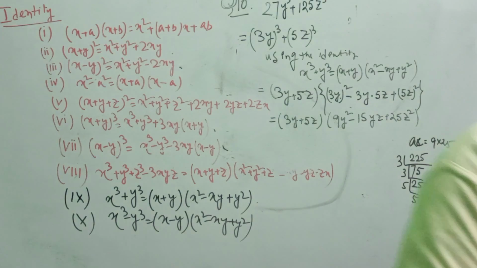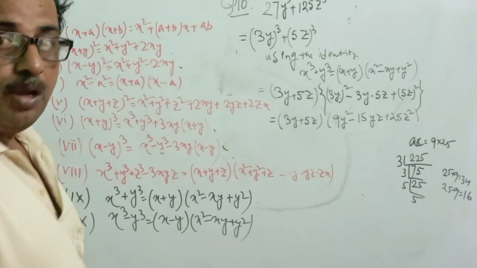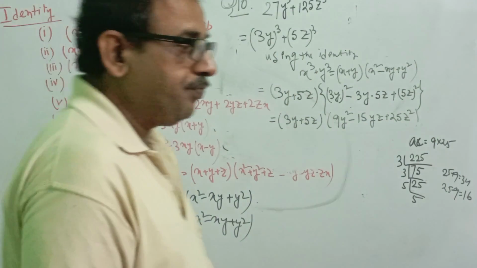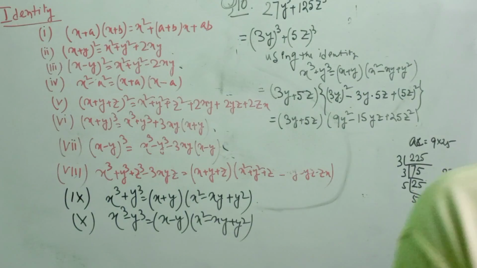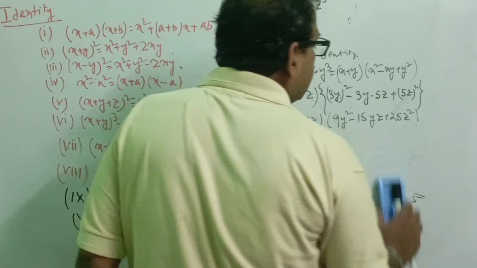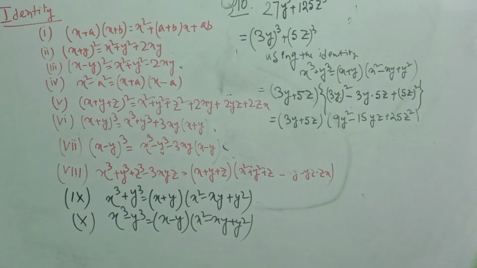So the middle term factors never come. You have to check that each and every time. If the middle term is not coming, then the answer will be this. But you have to check the middle term every time.